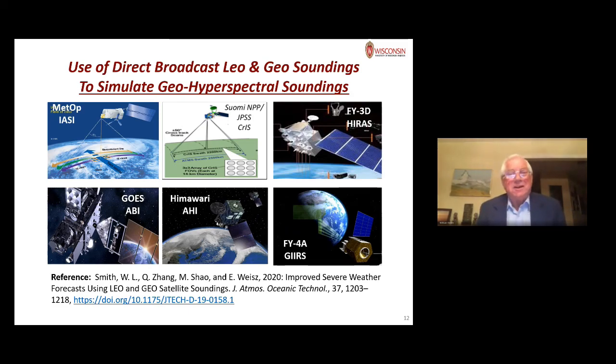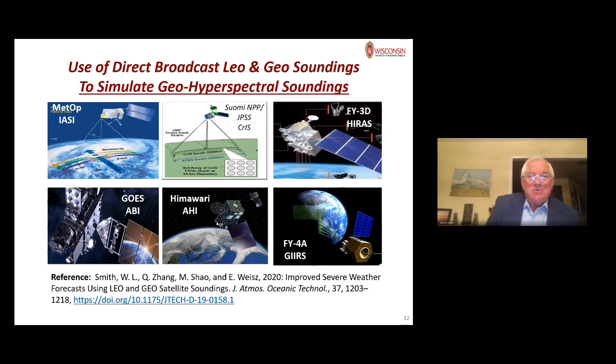It's not real geo-hyperspectral because we're putting these things together. It's hyperspectral at the LEO or the polar satellite resolution, but it has the time and space resolution of the geo imager.